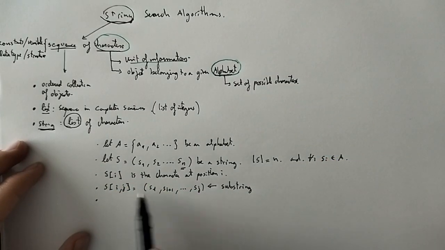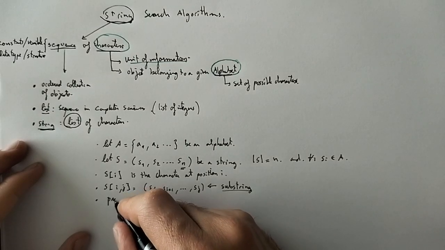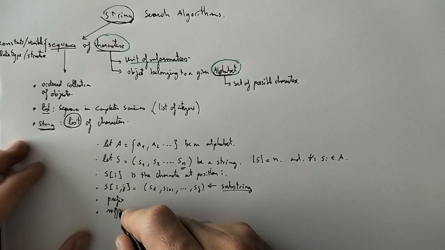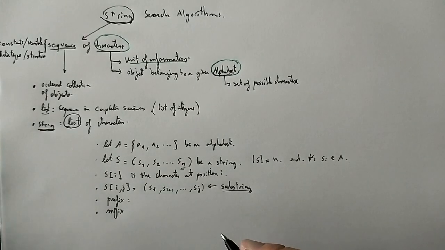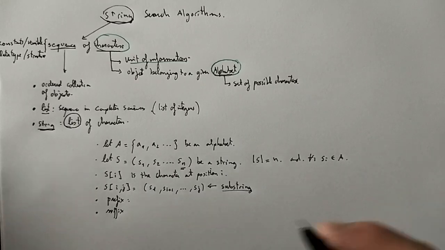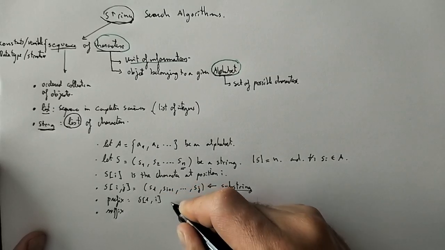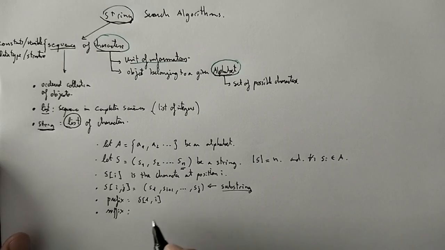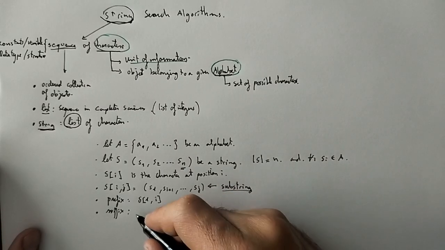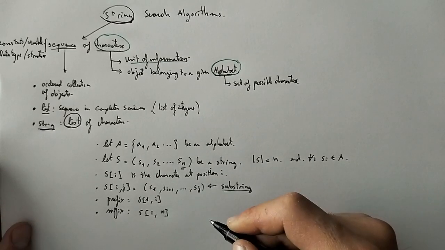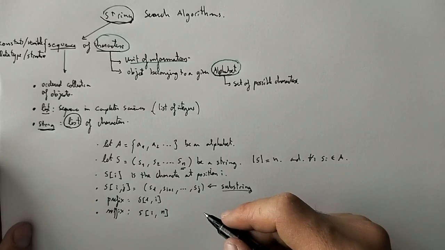And similarly to this definition of a substring, we can define a prefix, and we can also define a suffix. So the prefix is the first elements of S until position i. So S from 1 until i will be a prefix. And the suffix is the last part of the string. So, for example, S from i until n will be a suffix of S.